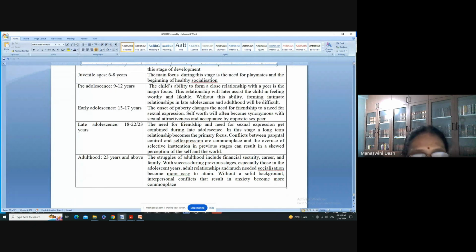The last stage is adulthood, which begins at 23 years and continues above this year. And the struggles of adulthood include financial security, career, and family.